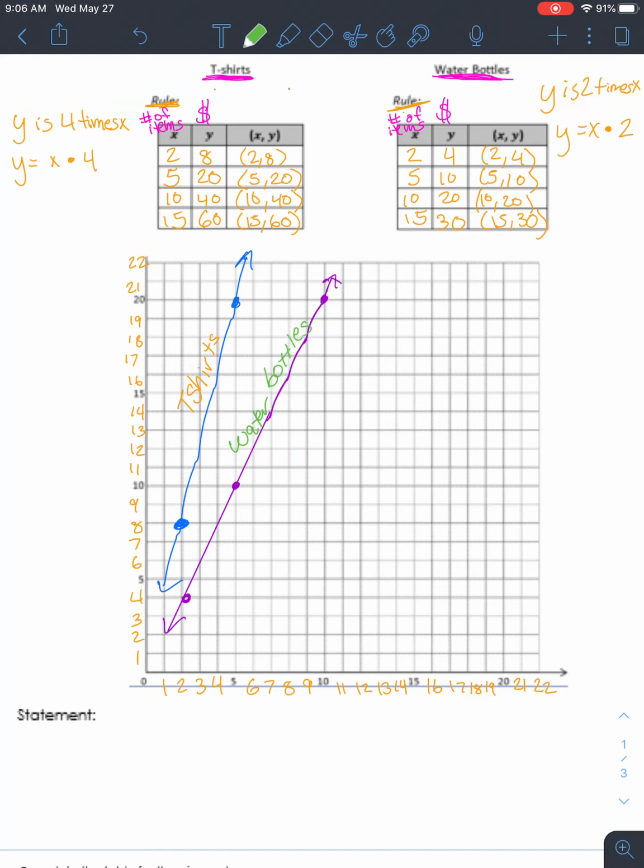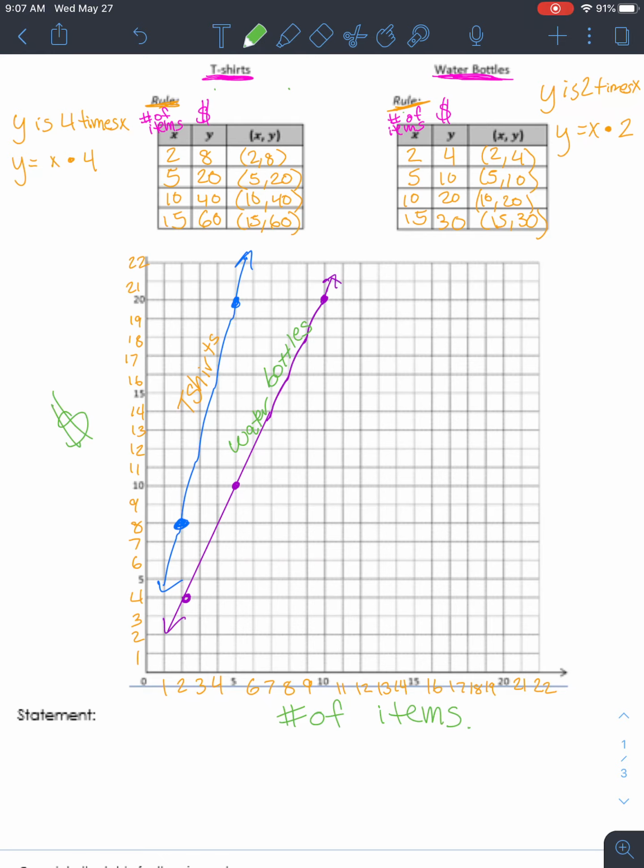This t-shirt line, it's getting to higher numbers on the y-axis. And I know the y-axis is representing my money and my x-axis is representing my number of items. The water bottles, if you haven't noticed, they're not going up as quickly.